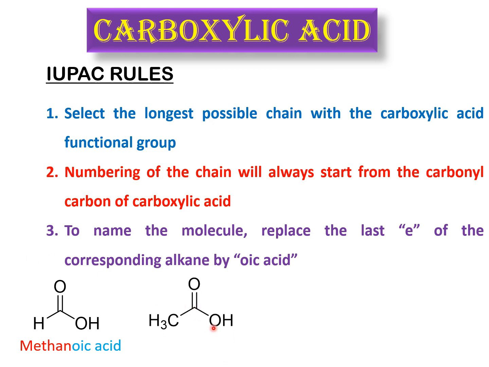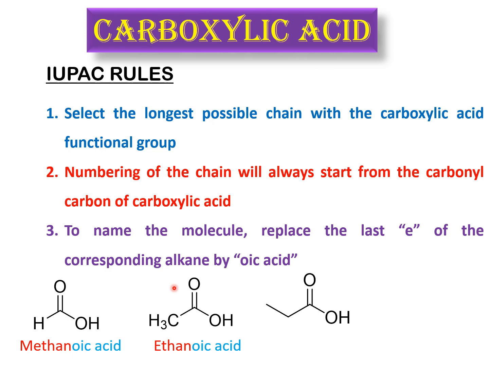If we have a 2-carbon chain, a 2-carbon alkane is named as ethane, but in this case, because we have a carboxylic acid functionality, the last E of ethane is replaced by oic acid, making it ethanoic acid. The common name for this molecule is acetic acid.